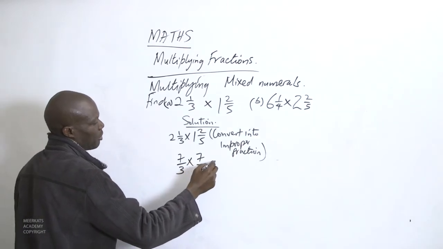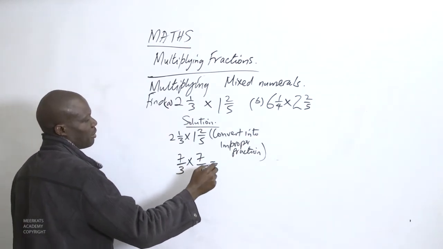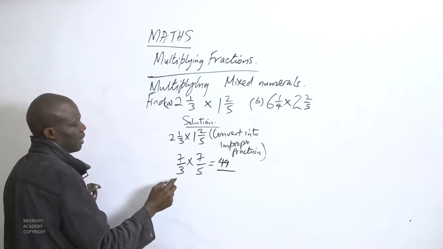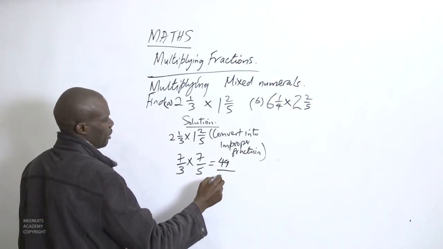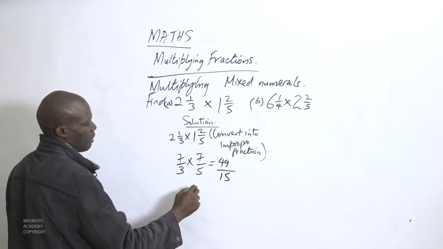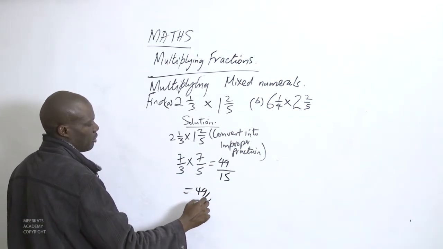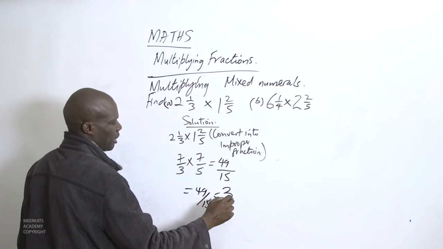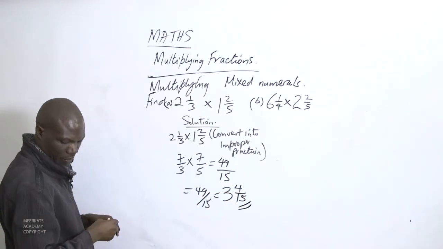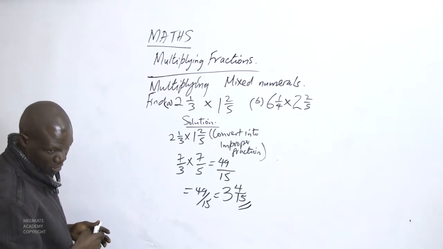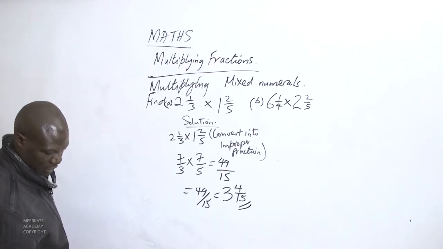So we just go ahead and multiply the numerators. 7 times 7 is 49, and 3 times 5 is 15. You are getting 49 over 15, which is the same as 3 and 4 over 15.